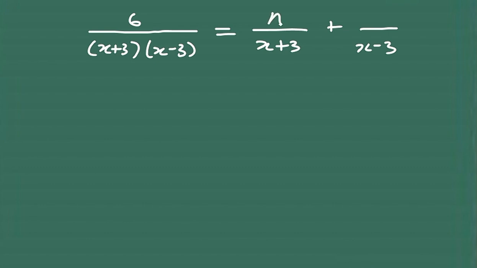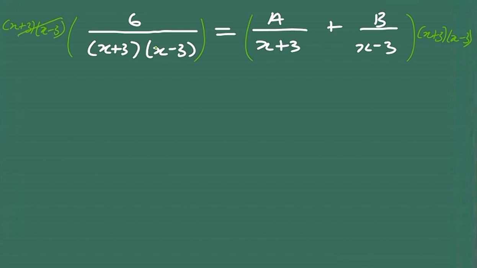So we call the numerators A and B. They are constants. Here, if we multiply both sides of the expression by the denominator, x plus 3 times x minus 3, here we also have x plus 3 times x minus 3.